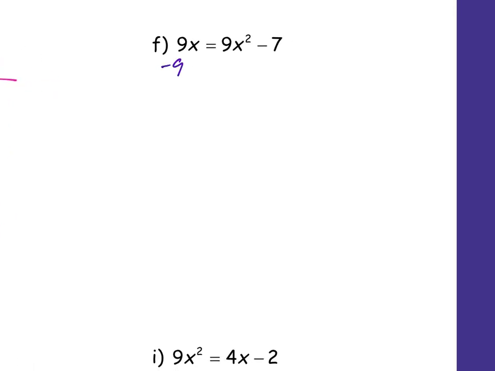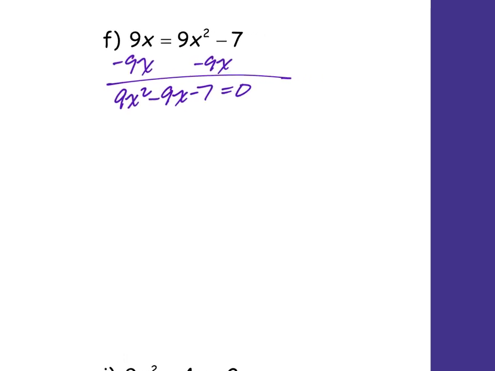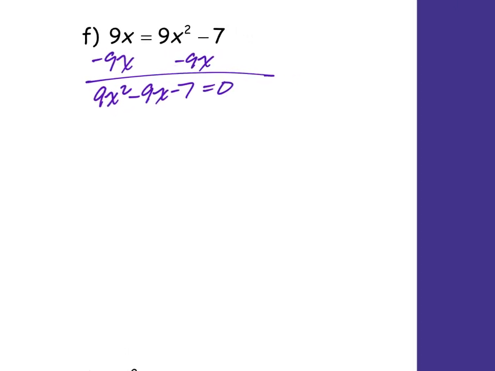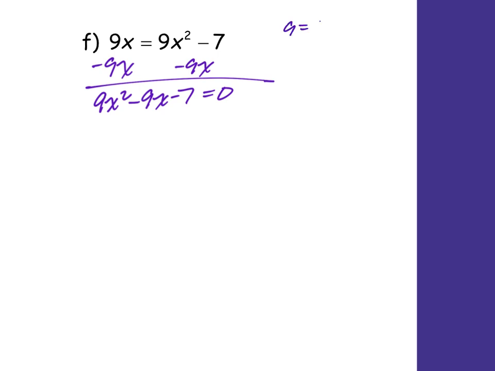So subtract 9x, 9x squared minus 9x minus 7 equals 0. I think I had to do quadratic formula on this one too. Okay, so a equals 9. Look, my a and my 9 look exactly alike. C equals negative 7.